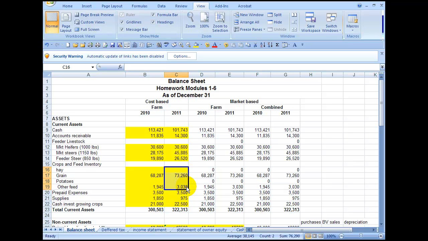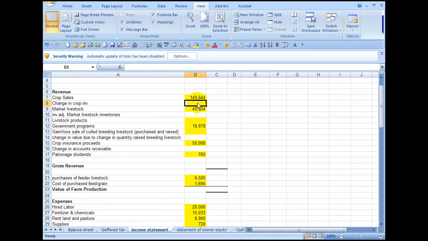So we went up by around $4,000 or $5,000. So if this went up over here, do you think it should be a positive or a negative amount that's our adjustment? So we sold this much, plus we increased our inventory. And if you increased your inventory, we've actually produced more than what we sold. And so this should be a positive number.